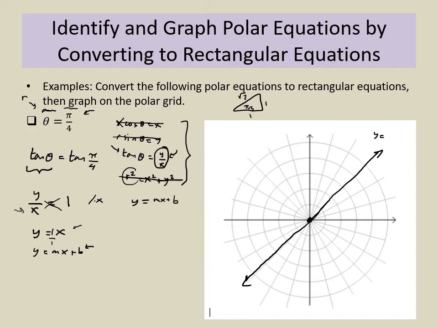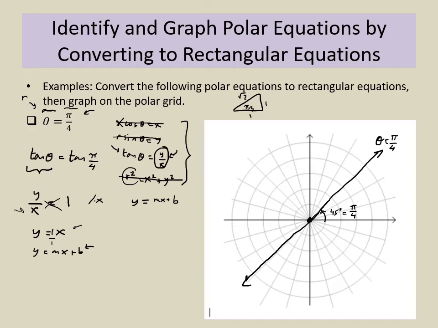That's the line y equals x with the angle 45 degrees, or pi over 4. We've graphed that line before. But excuse me, let me erase that. So this is just a way for us, again, to cheat, but now we're actually graphing the equation theta is equal to pi over 4.